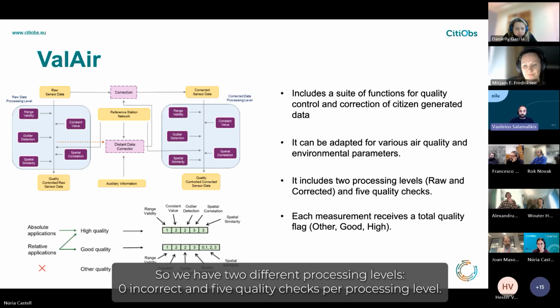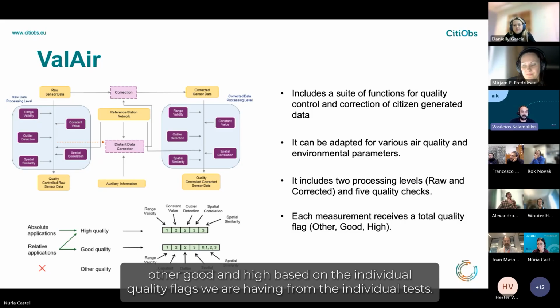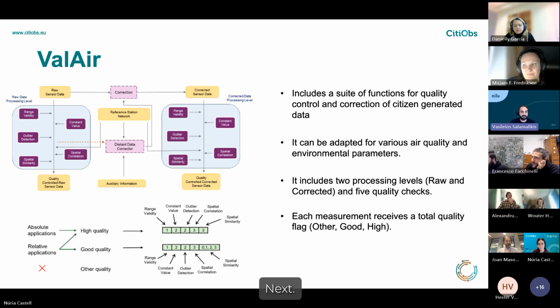So we have two different processing levels, raw and corrected, and 5 quality checks per processing level. The output of this process is that each measurement receives a total quality flag, bad, good, or high, based on the individual quality flags from the individual tests.